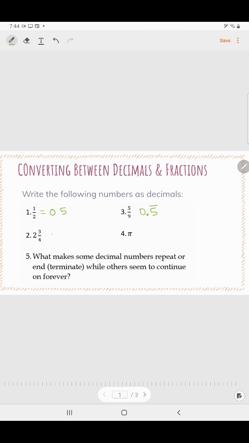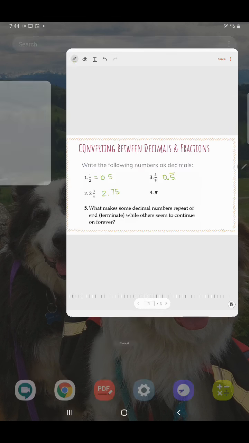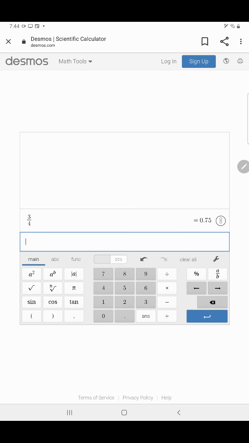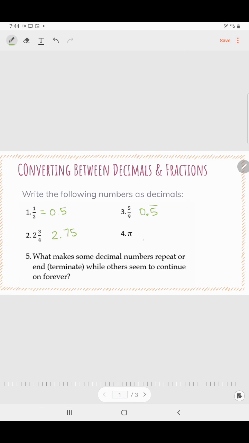So 2.75. And last but not least, pi. If you're not sure what pi is as a decimal, I'm just going to click it in my calculator and notice that it's 3.14159, and then we're going to write that down. 3.14159, and then it continues on forever.